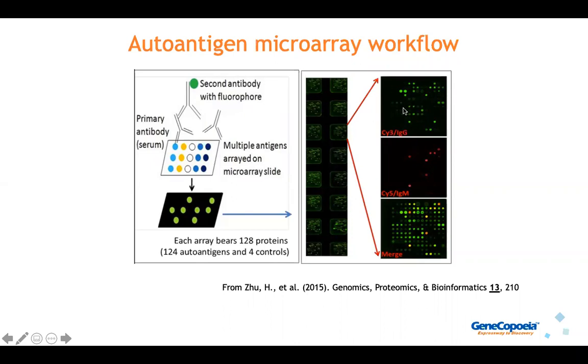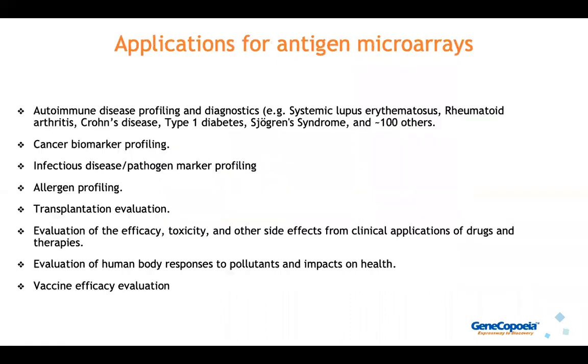A common example is to use 2 fluorophores, such as Cy3 for IgA and Cy5 for IgG, for different immunoglobulin subtypes. Then you can read the same array for 2 different signals, quantify the amount of signal on the array, and see if a patient has antibodies to any of these viral proteins.